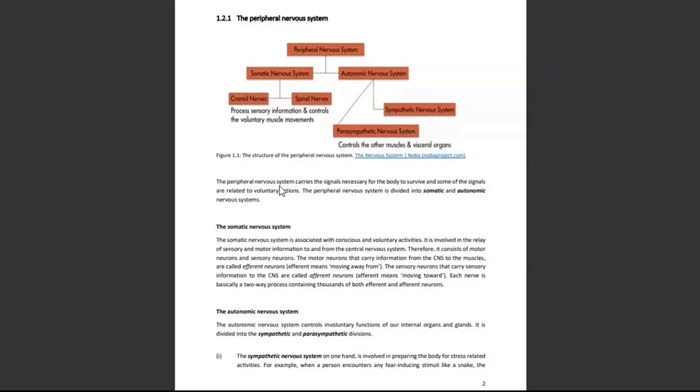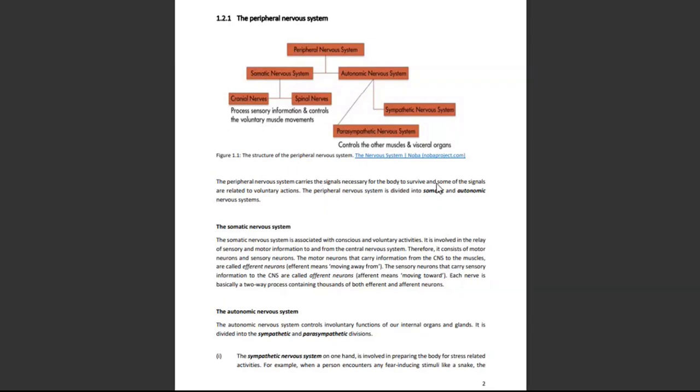Those actions are voluntary. You choose where to pee. You are hungry, and as soon as you stand up and decide, no, I want to eat bread. No, I don't want bread. I want pap. Let me switch on the microwave. Those are voluntary actions. So the peripheral nervous system carries the signals necessary for the body to survive.